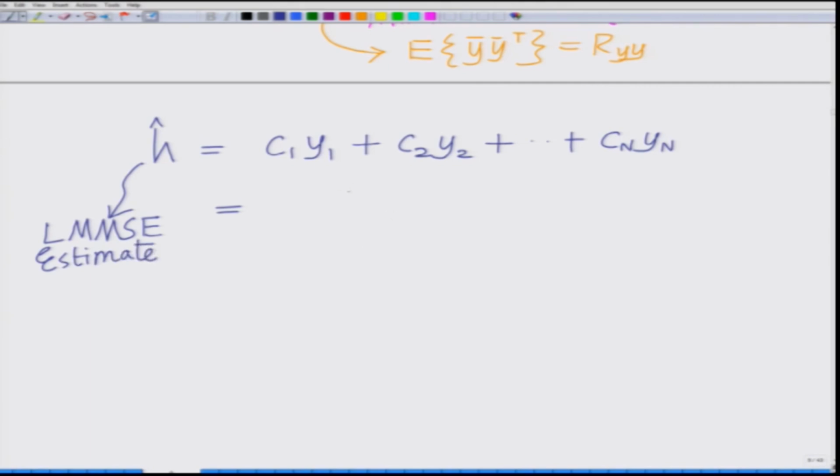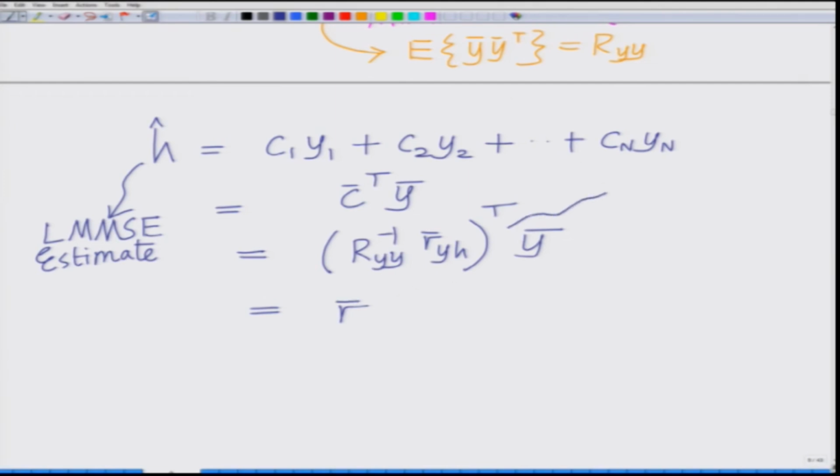H hat is equal to C bar transpose Y bar, and we already derived the expression for C bar. C bar is R_YY inverse R bar YH, correct. This transposed times Y bar is equal to, now look at this, AB transpose.